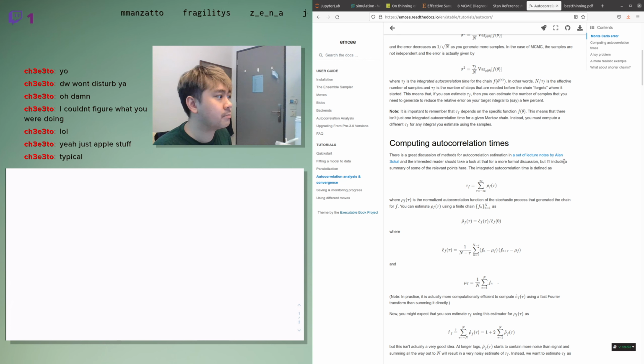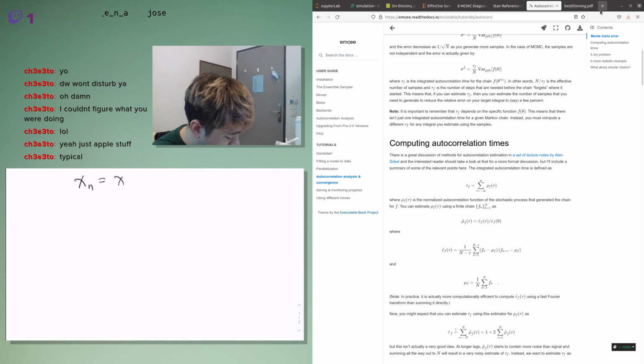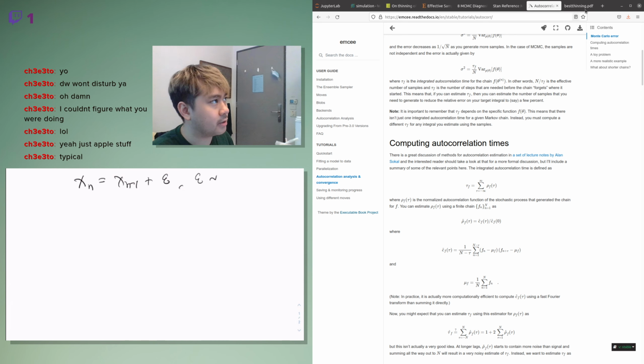So an AR(1) process is simply defined by something like x_n equals x_{n-1} plus epsilon, where epsilon can be anything, I guess.